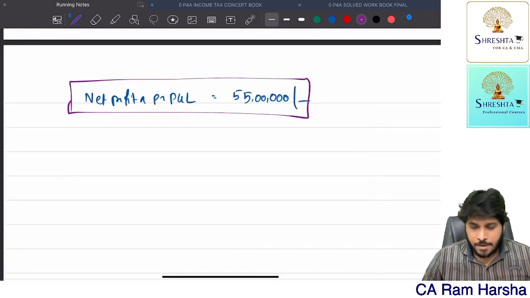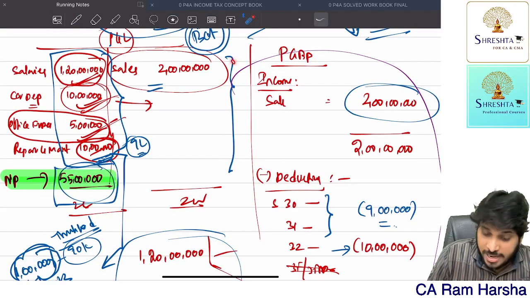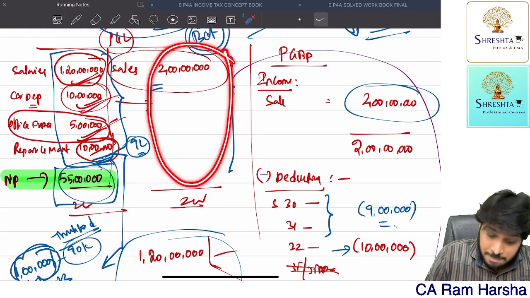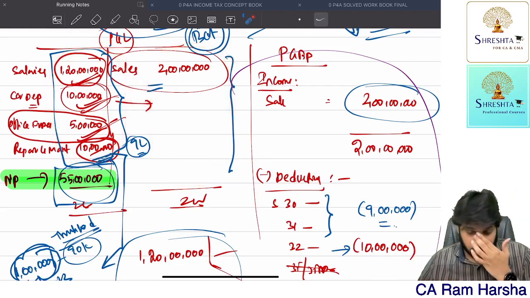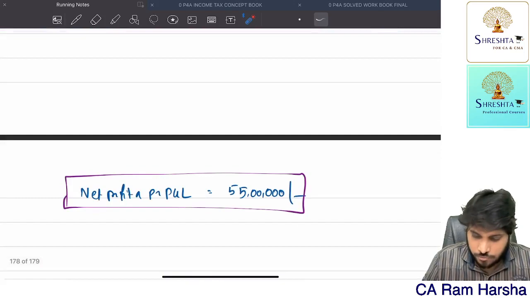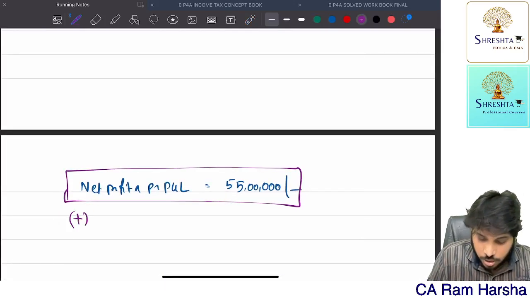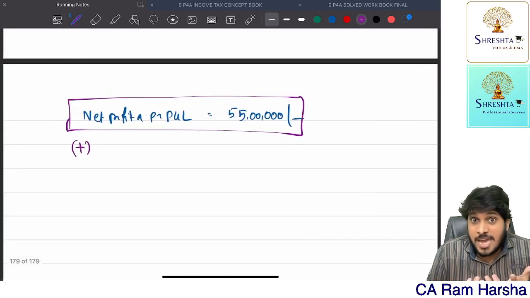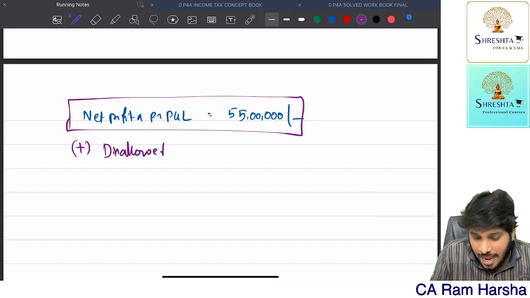Now tell me, 55 lakhs is computed by totaling all credits and from that reducing all the debits. Like that, 55 lakhs was computed. Now for this 55 lakhs, I will add back disallowed expenses.